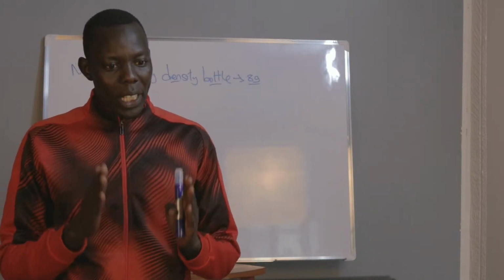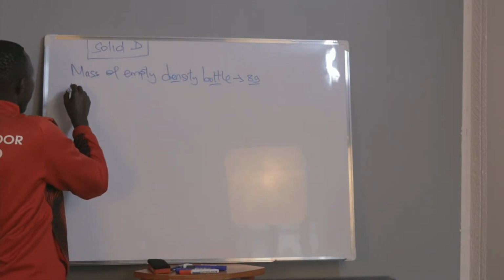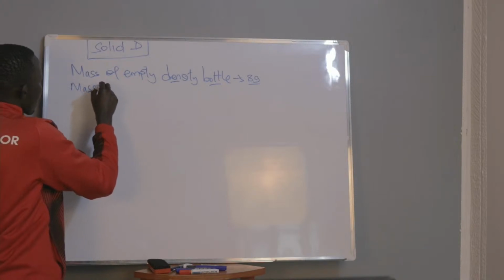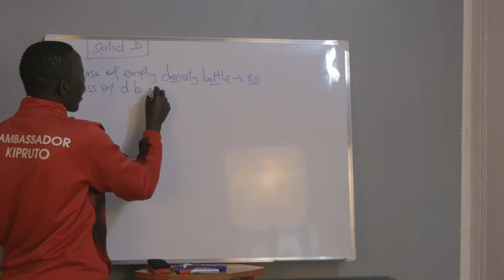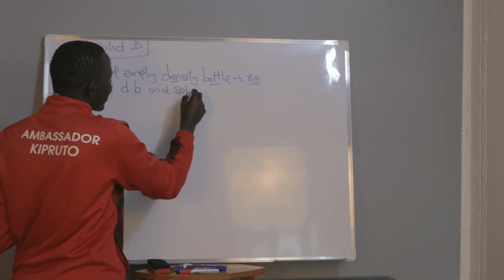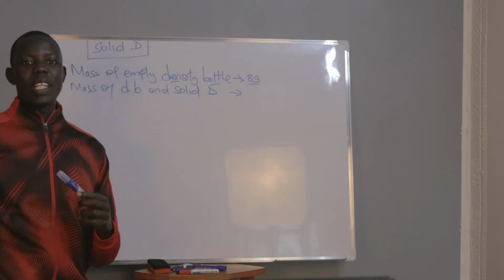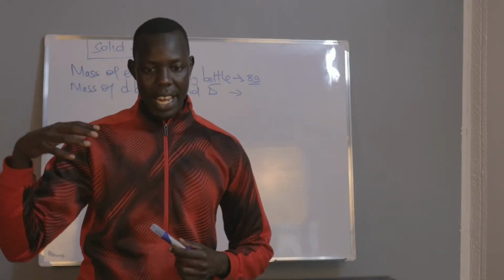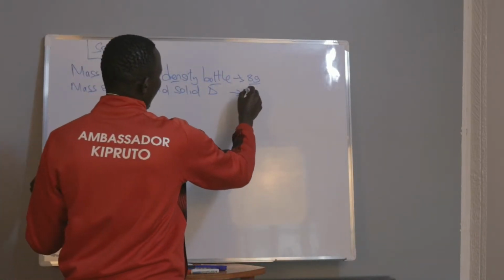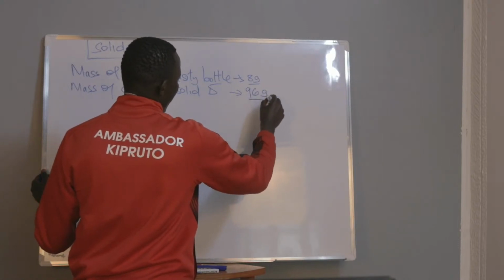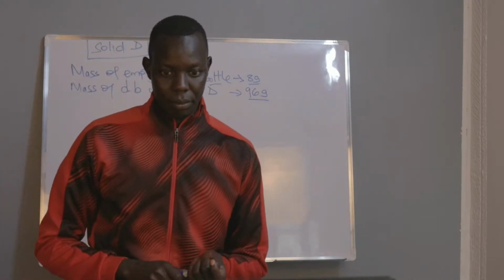Now, number 2, mass of density control and solid B. Sasa tumeweka solid B ndani ya density control ikatupatia 96 grams.